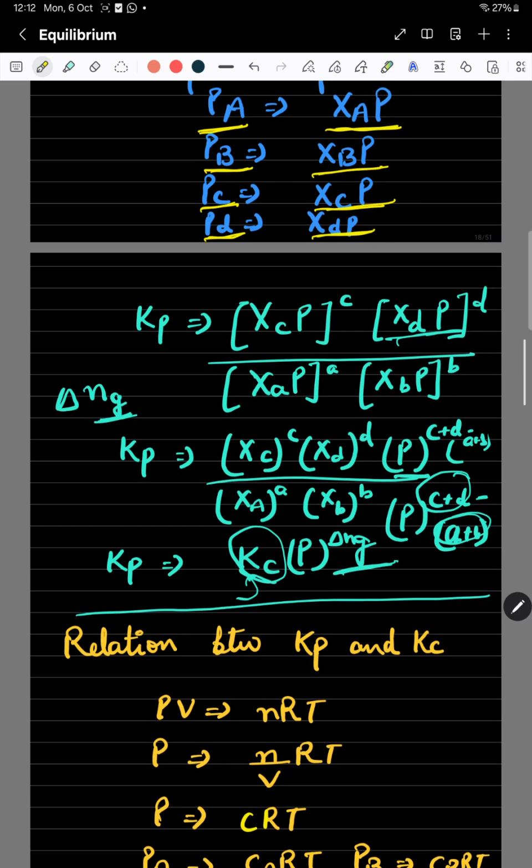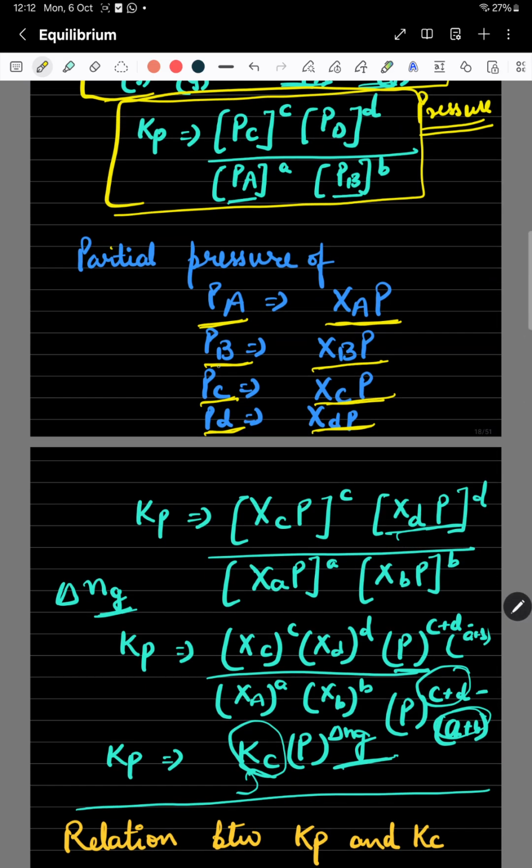Now here Kp equals to partial pressure of C power C. So partial pressure of C you are expressing as mole fraction of C into total pressure power C. Here partial pressure of D you are expressing in terms of mole fraction of D into total pressure power D, upon partial pressure of A expressed as mole fraction of A multiply by P power A. Here partial pressure of B you are expressing as mole fraction of B multiply by total pressure power B. Mole fraction of C power C, mole fraction of D power D, mole fraction of A power A, mole fraction of B power B. And total pressure you are expressing in this term P power C plus D minus, here the pressure is A plus B you can express.